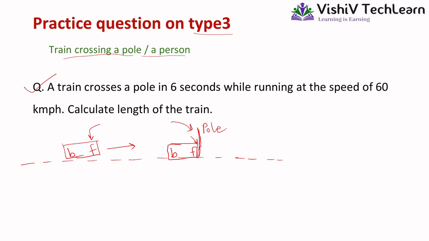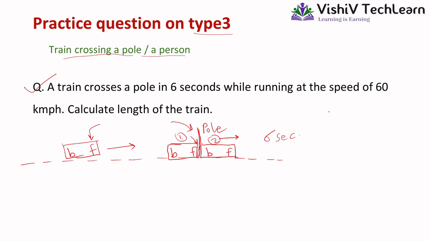And what will be the end? The back side of the train will be in line with the pole when the train is going in the forward direction. So this is the front side and this is the back side. We can say that this is situation 1, situation 2. So from position 1 to position 2 the train is crossing the pole, and from position 1 to position 2 the train is taking 6 seconds, right?